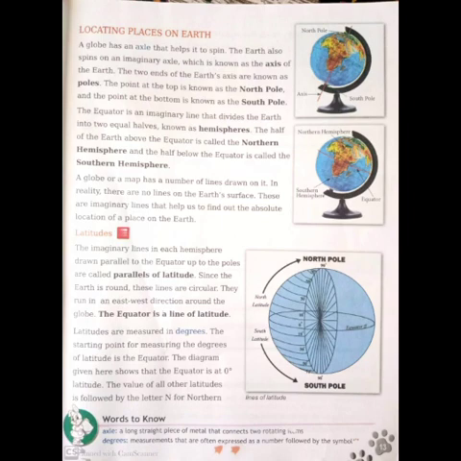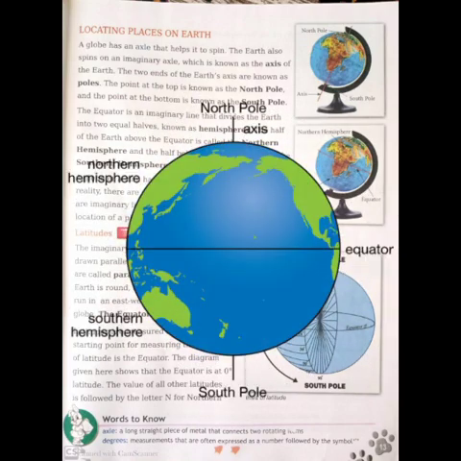After location, now comes locating a place on earth. A globe has an axle that helps the globe to spin. Similarly, the earth also has an imaginary axle, which is called the axis.